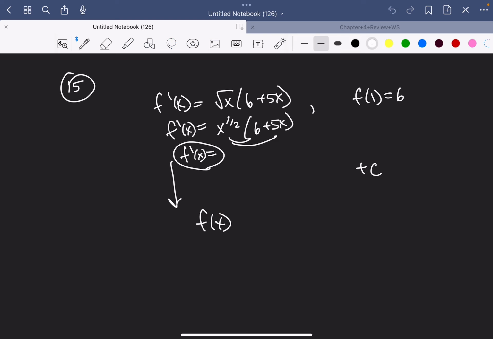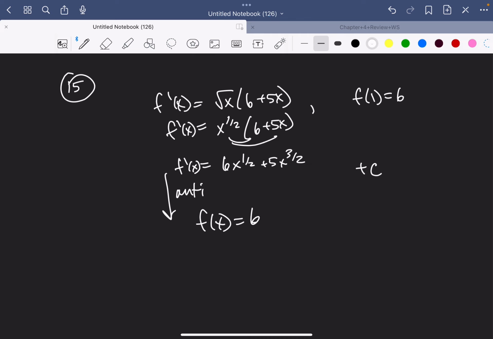A lot like when we had derivatives and we changed the form before taking the derivative. So this is 6x to the 1/2 plus 5x to the 3/2, and now we're ready to take the antiderivative. Plot a 6, and remember x to the n, its antiderivative is x to the n plus 1 over n plus 1.